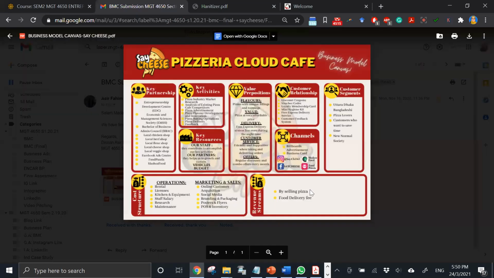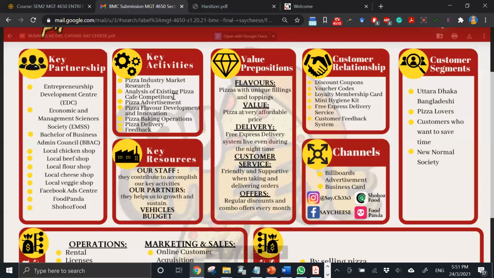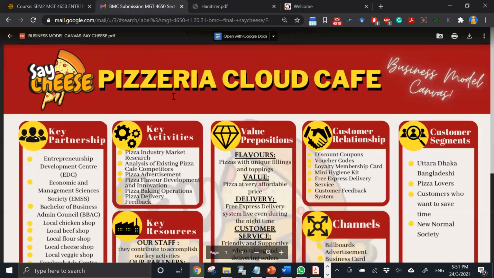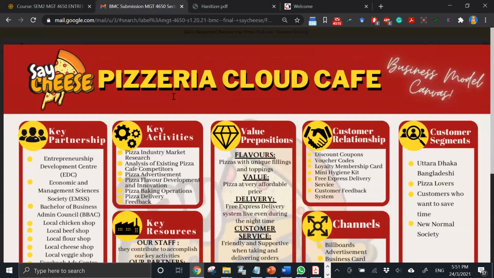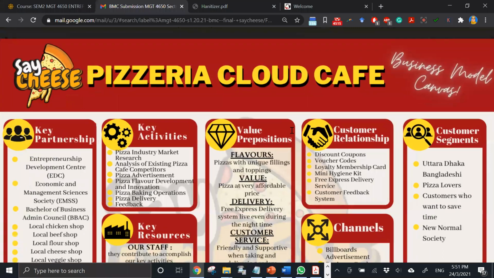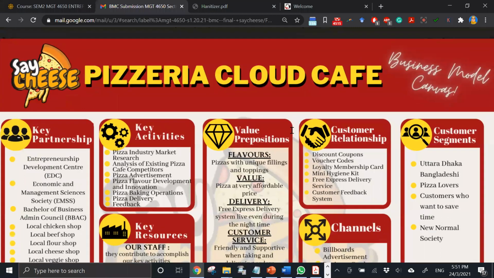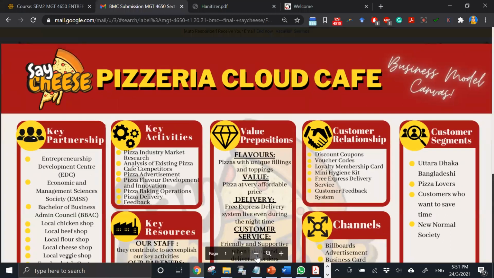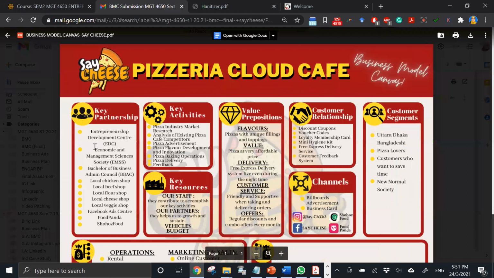Okay. So this is the final one. Before, they just gave me a draft. After they received my comments to enhance their BMC, they changed it and made it very nice, in terms of interactive.